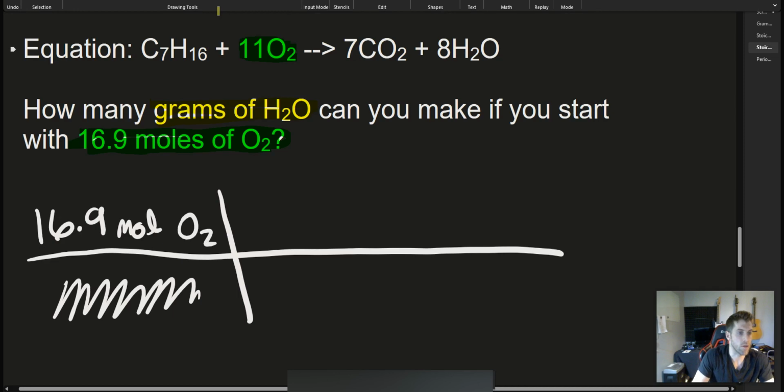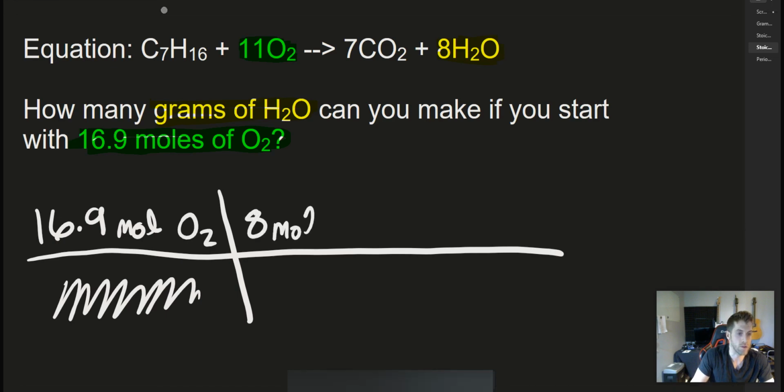And H2O, we have 8 moles of H2O. Perfect. So we're going to put the moles of H2O on top because that's what we're trying to find. So 8 moles of H2O for every 11 moles of oxygen gas, or O2.